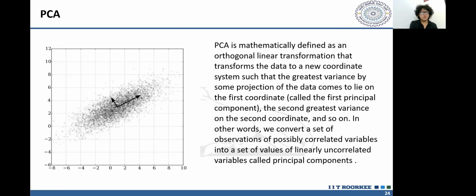For example, in this two-dimensional data, we can represent the data by using two principal components. The first component is the major component. The first principal component represents the greatest variance in the data, and the next component, or the second component, represents the second greatest variance in the data.